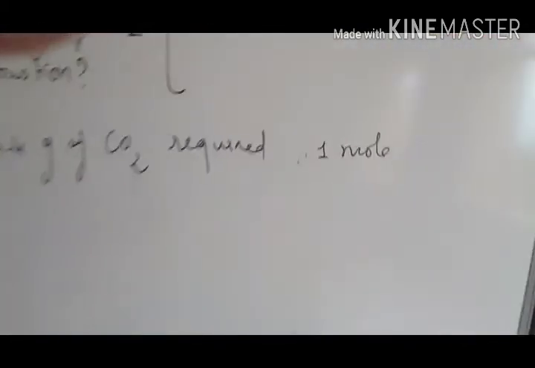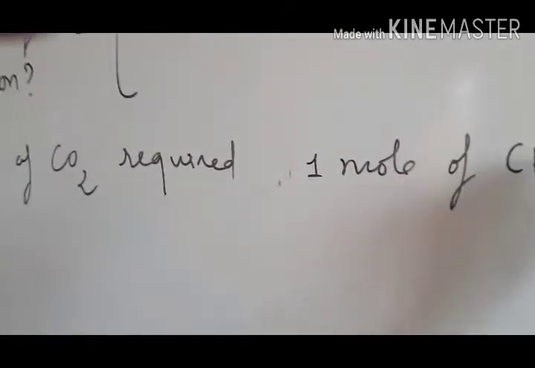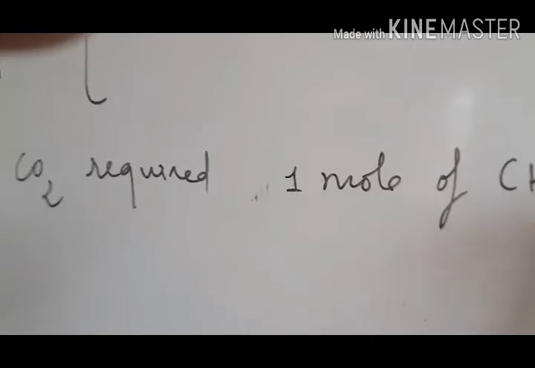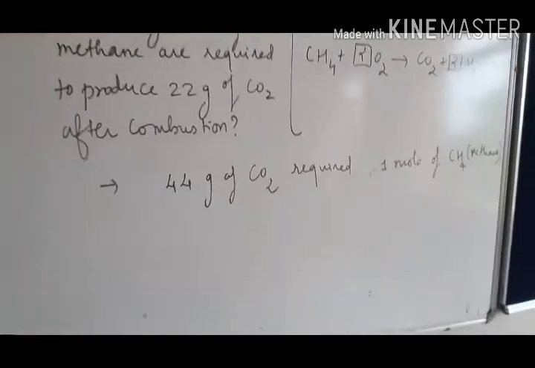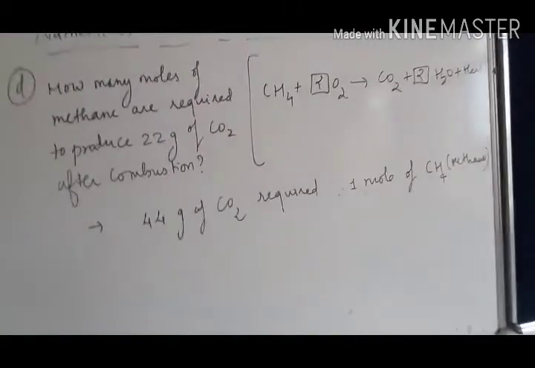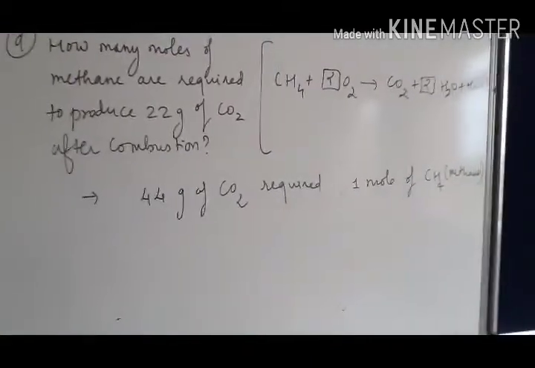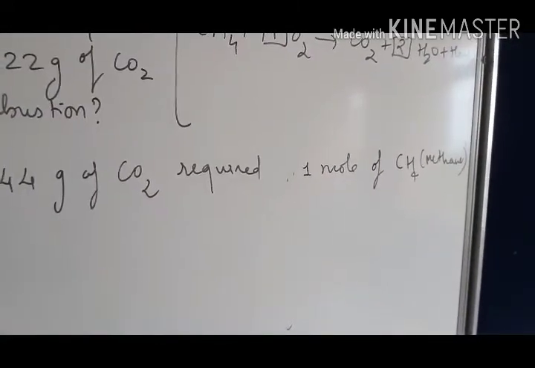You have to find it in terms of moles. Methane is CH4, a natural gas, the very first family member of organic compounds that we learned in carbon and its compounds. So here 44 gram of carbon dioxide requires 1 mole of methane.